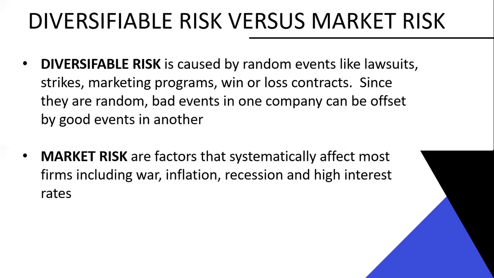If something negative is happening in one of the stocks, there's a high probability that the other stocks may be doing fine. So that negative event in one company can be diversified away because it'll be offset by the good things happening, the increase in the stock price of the other stocks in the portfolio.